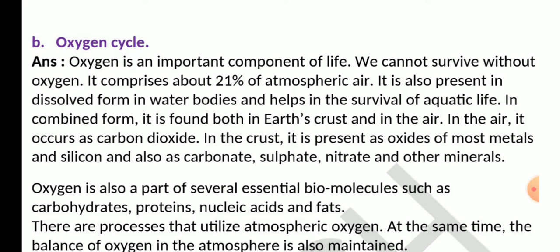In combined form, it is found both in Earth's crust and in the air. In the air, it occurs as carbon dioxide. In the crust, it is present as oxides of most metals and silicons, and also as carbonate, sulfate, nitrate and other minerals.